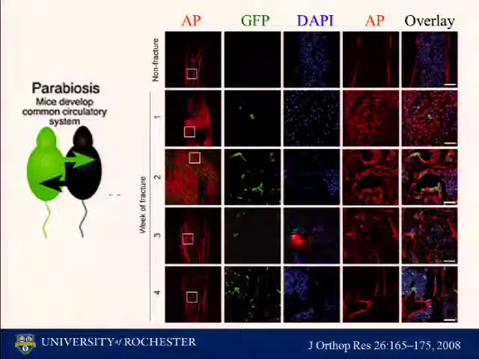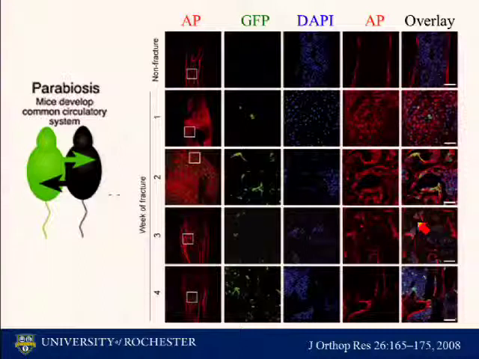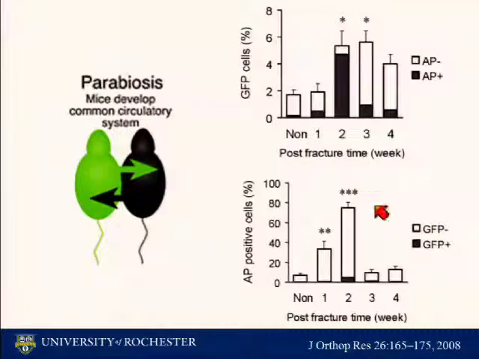However, the percent of cells is very, very small. So the question is, how well can these cells actually drive that process? If you look at the alkaline phosphatase positive cells in total, a very, very small population of cells actually involved in the bone formation process are from the systemic circulation.